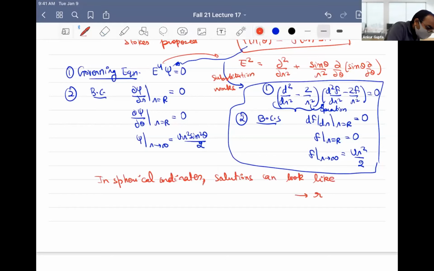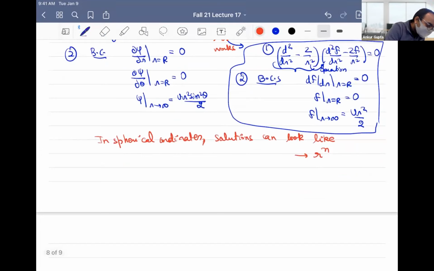This is very common in spherical coordinates. It's just a property of spherical coordinates. So we can try to substitute f of r as r raised to the power of n.